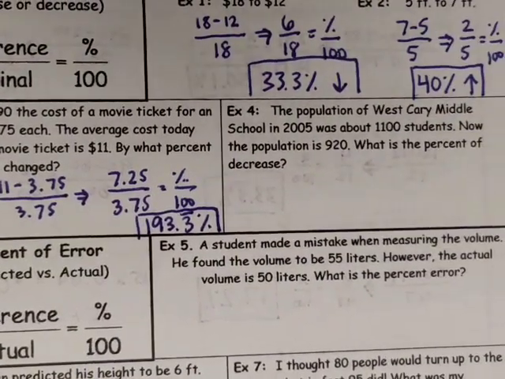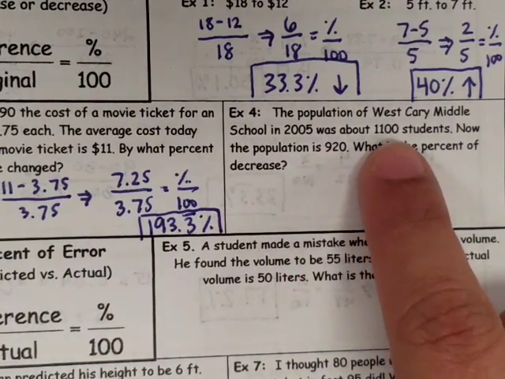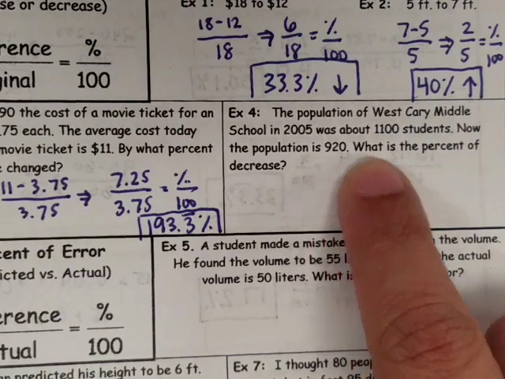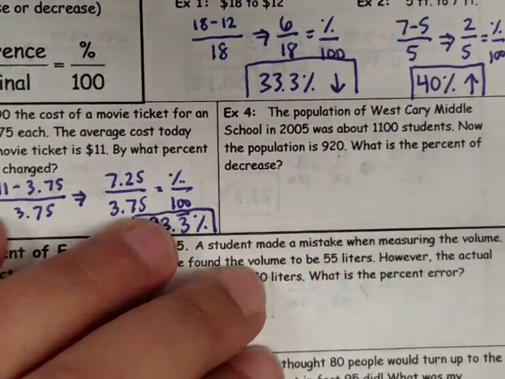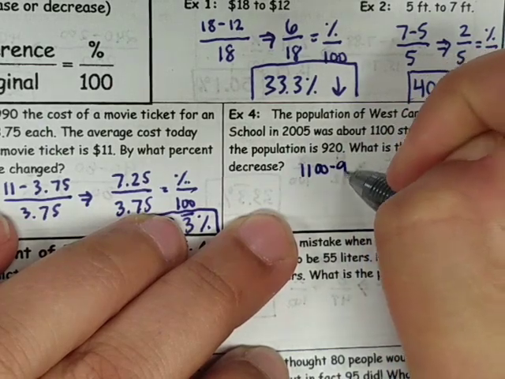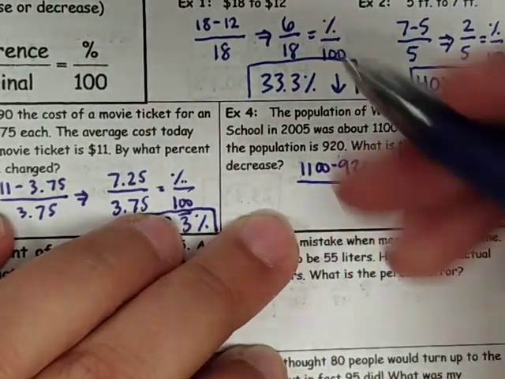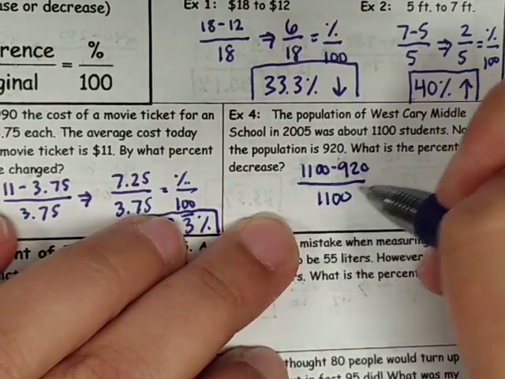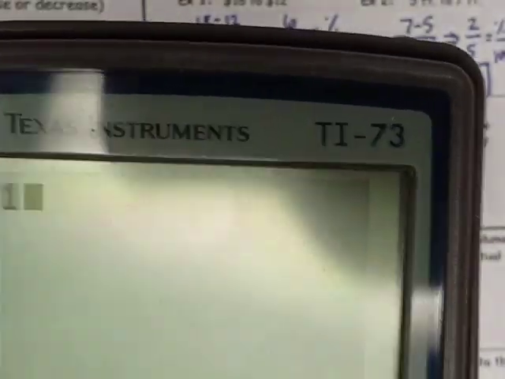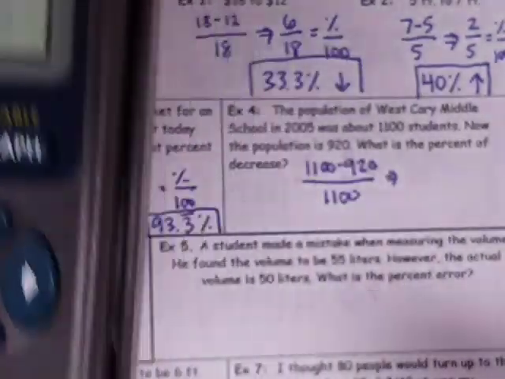All right, example 4. The population of West Cary Middle School in 2005 was about 1,100 students. Now the population is only 920, so we have a percent decrease. So what we're going to do is find the difference. Take 1,100, subtract 920, and put that over the original population, which was 1,100. 1,100 take away 920 is 180.